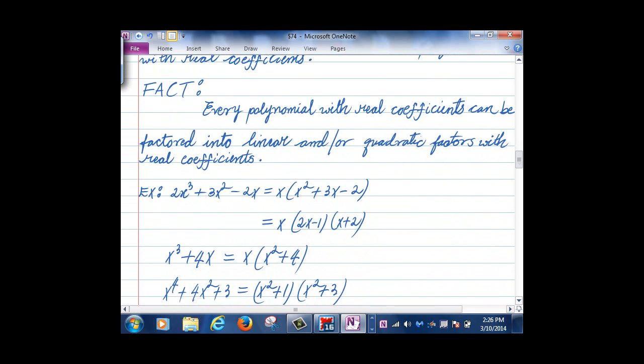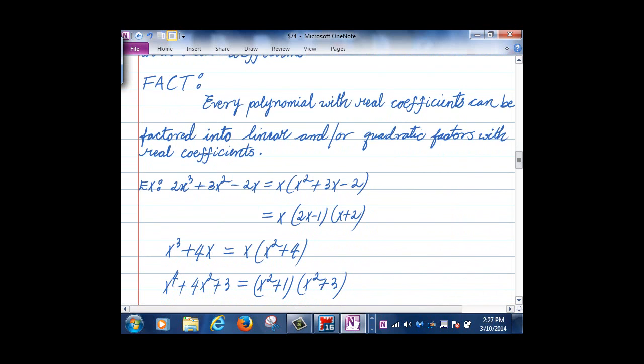Here's the fact from pre-calculus. Every polynomial of whatever degree, every polynomial with real coefficients, can be factored into linear and/or irreducible quadratic factors.